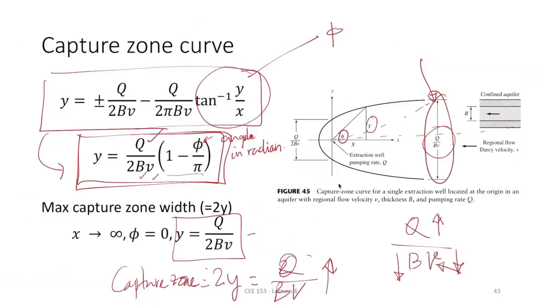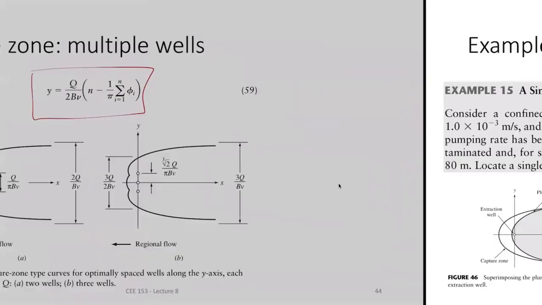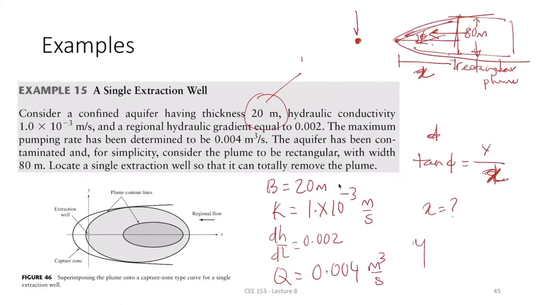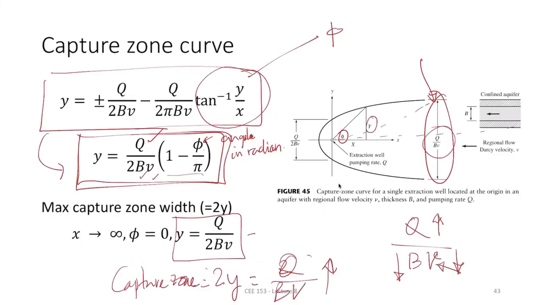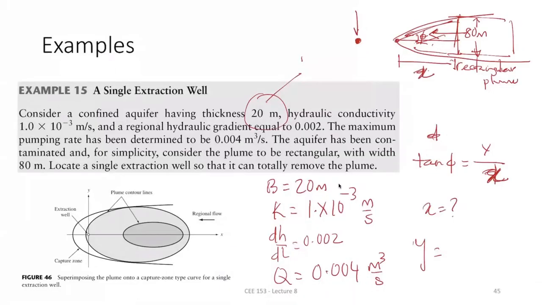So let's see. I'm just going to write it here. Y is equal to Q for one well, Q by 2BV, times 1 minus phi by pi. So this y is given here. That's the 80. That means this will be 40 if this is y.